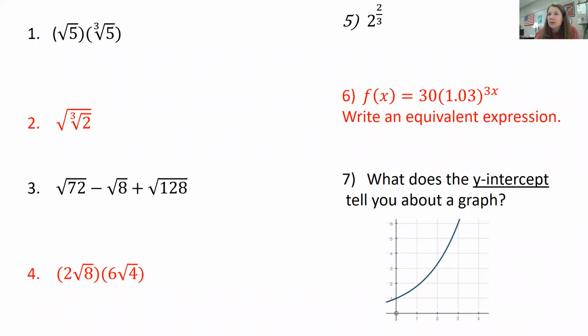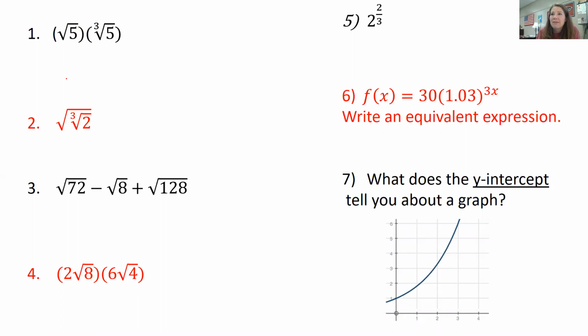So let's look at some of the problems that we need to go over. On the first one, we're not allowed to multiply these the way they are because the first number is a square root and the second number is a cube root. So we're going to use what we learned about exponents and radicals and convert this. Remember that the numerator stays with the base, so the 5 is going to become the base.